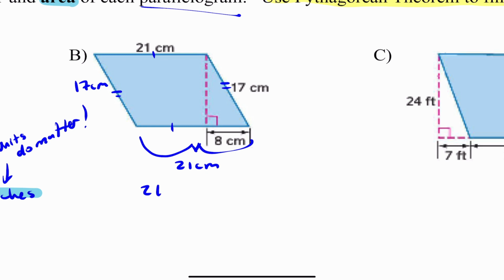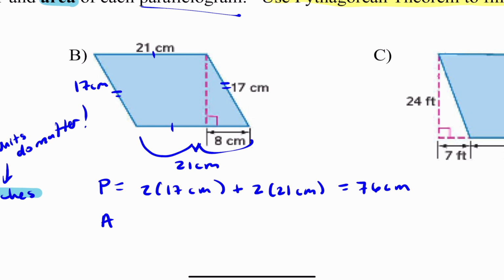I have two 17 centimeters plus two 21 centimeters. That's going to be my perimeter. If I put that all in my calculator, that's going to be 76 centimeters.